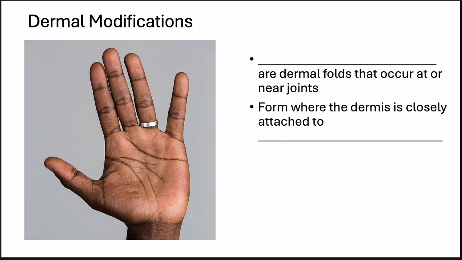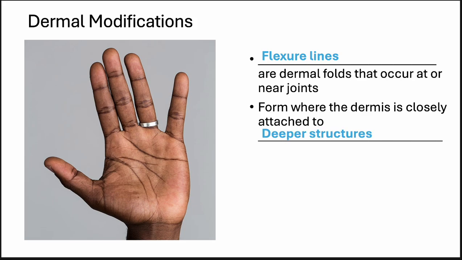All right, another dermal modification is the flexure lines. These are the dermal folds that occur at or near joints where the dermis is tightly secured to deeper structures. Since the skin cannot slide easily to accommodate joint movement in such regions, the dermis ends up folding here and you get deep skin creases that form.